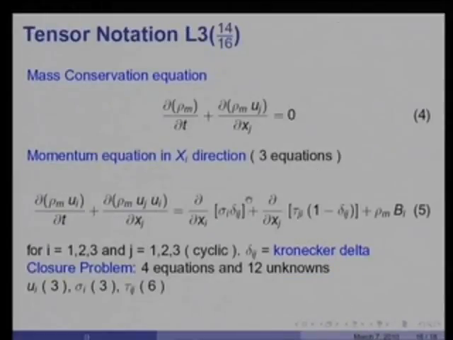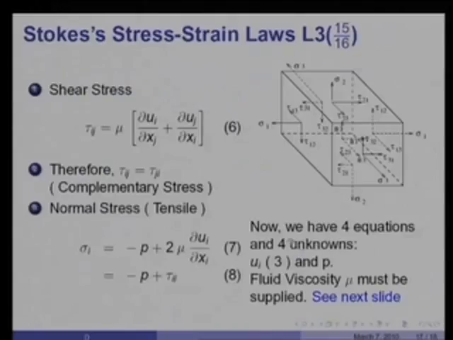We had 4 equations and 12 unknowns, but sigma i and tau ij are now replaced by velocity gradient and pressure. So now we have 4 equations and 4 unknowns, 3 velocity components u_i and pressure p, and also one more additional constant called fluid viscosity mu.